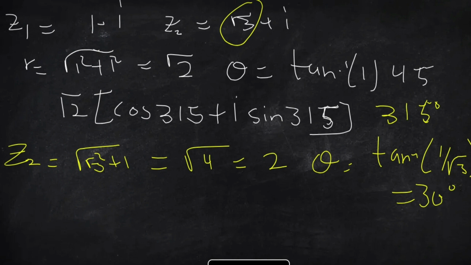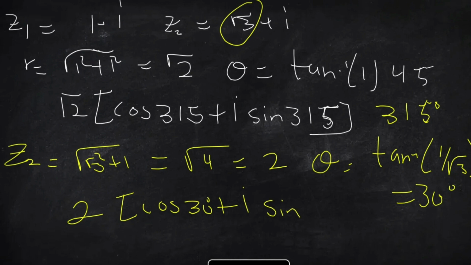Because it lies in the first quadrant, it remains. So in polar form it is 2 multiplying cos of 30 plus i sine of 30 degrees.